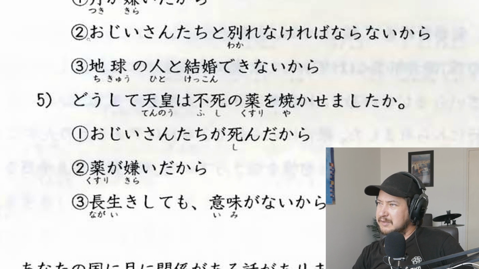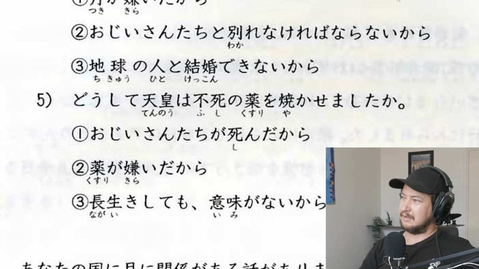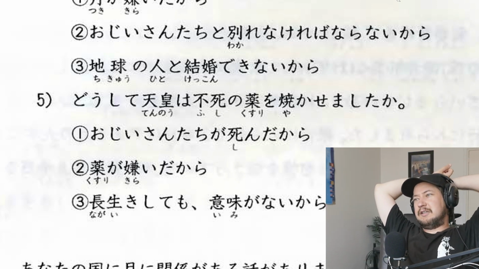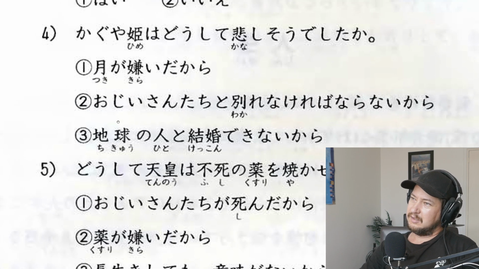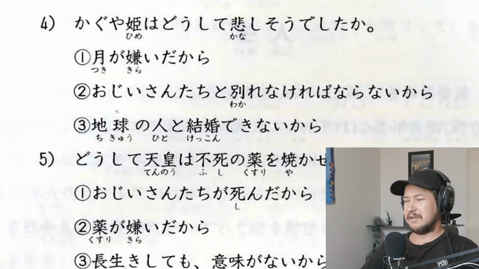So number 2 means she had to be separated from the old man and old lady. And 3. 地球の人と結婚できないから. I guess she couldn't marry people from planet Earth.